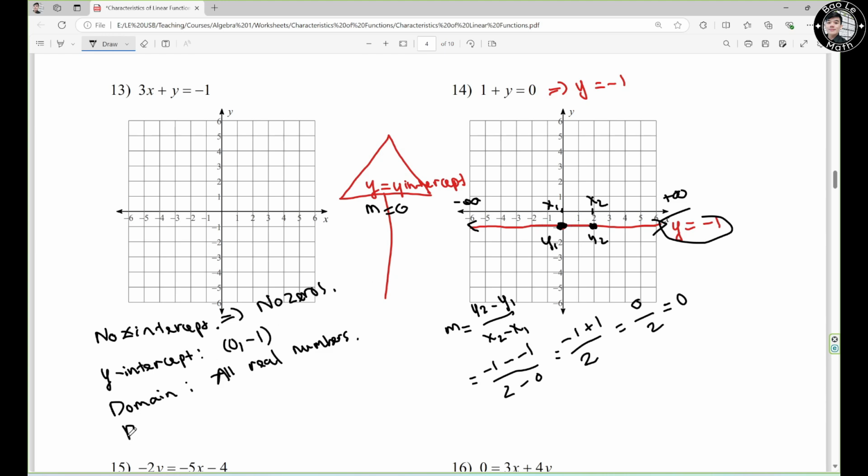So the range should be -1. Alright. Now, is this a function? Yes, because we draw a vertical line test, and we see that the vertical line meets the graph at one point, right? So yes, it is a function.